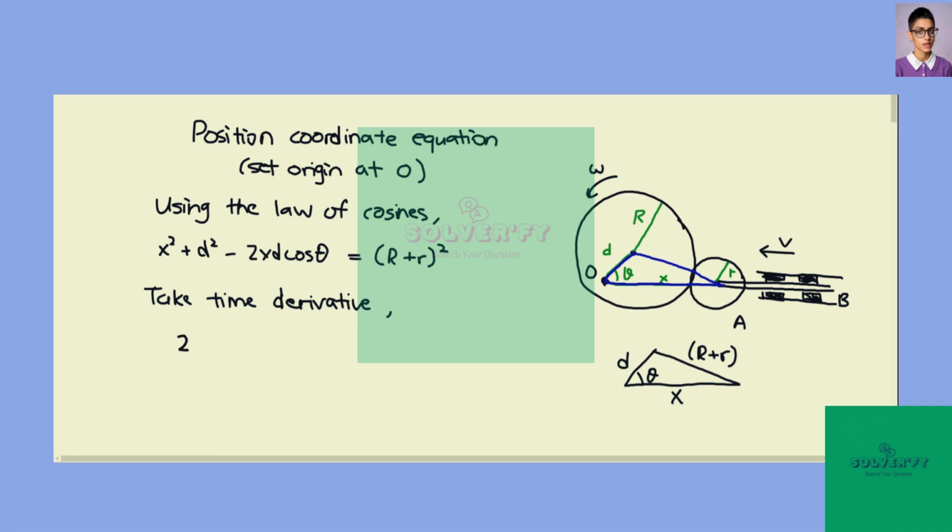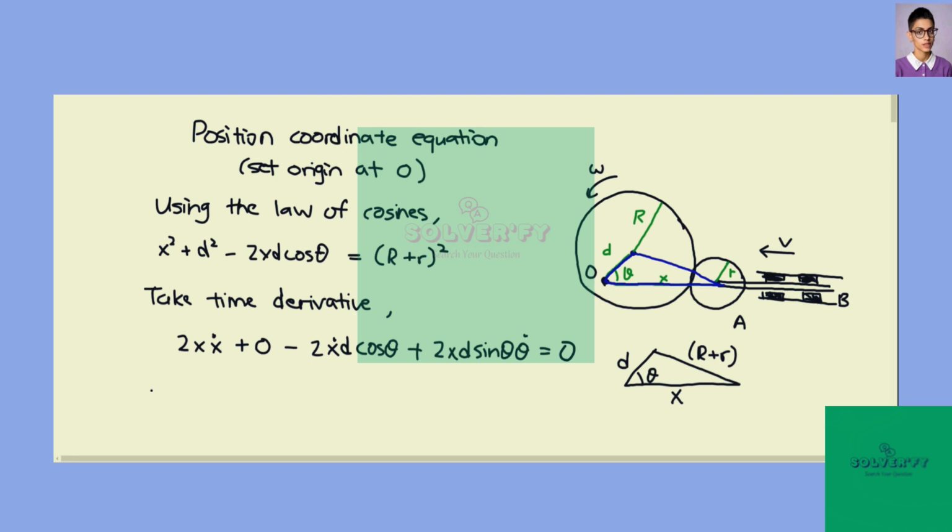We have 2x x dot, plus 0, minus 2 x dot d cosine theta, plus 2xd sine theta theta dot, equals 0.